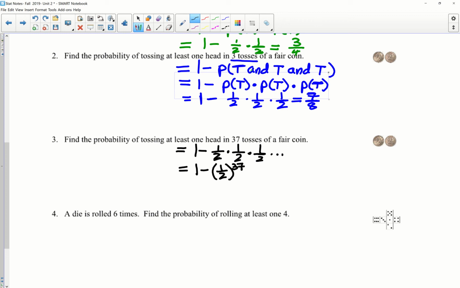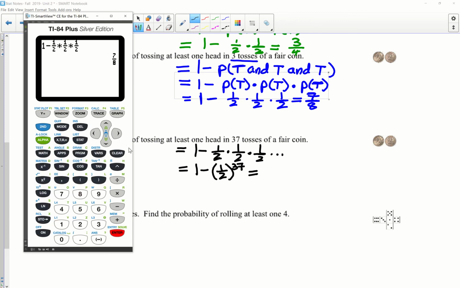It wasn't necessary for the previous questions, because writing 1/2 times 1/2 times 1/2 wasn't terrible. But writing 1/2 times 1/2 times 1/2 all the way up to 37 1/2, that's brutal. I don't want to do that. At least not today.